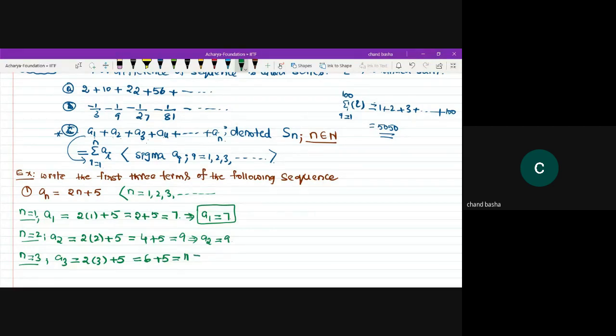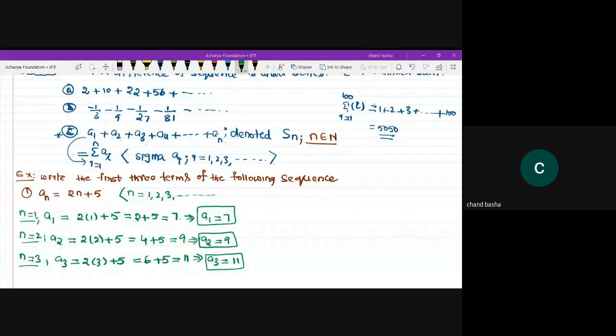So A3 value is 11. Clear? So whenever he is asking for particular elements, particular numbers, at that time you can put that n value as 1, 2, 3, 4, 5, 6, and so on. Right?